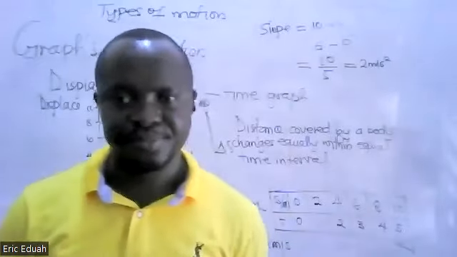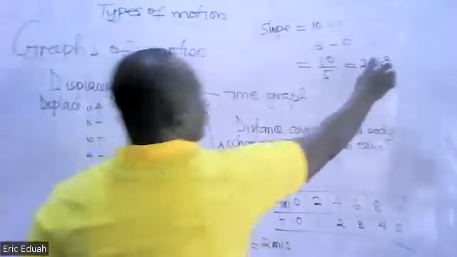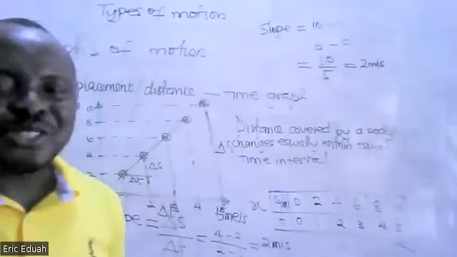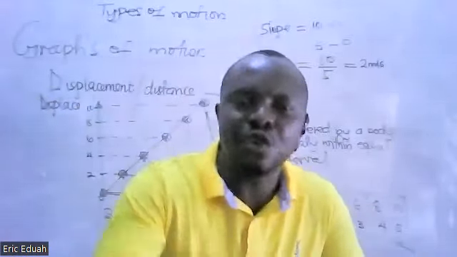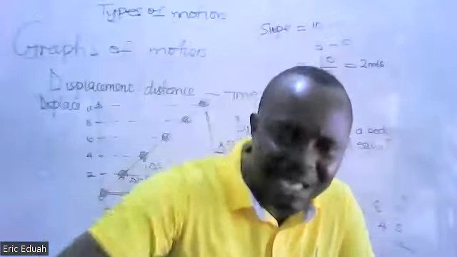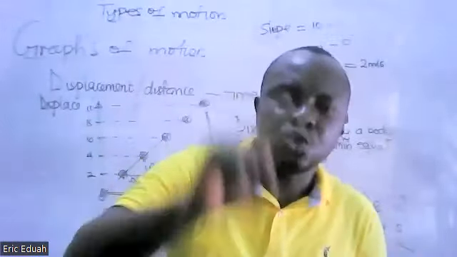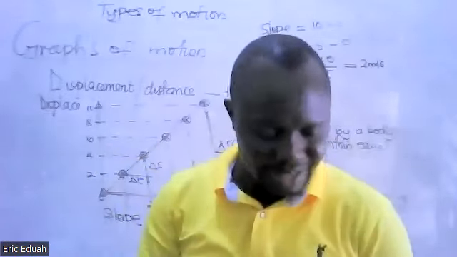Did you write meter per second square or meter per second? Okay. What we are learning from this graph is that if you plot a displacement or distance time graph, the slope would give you the velocity of the body.